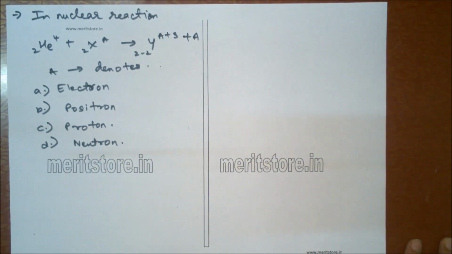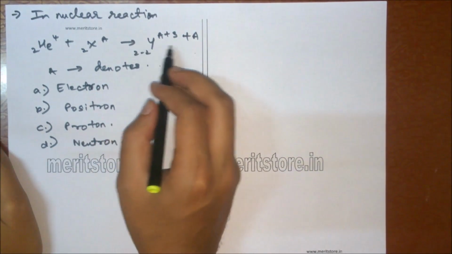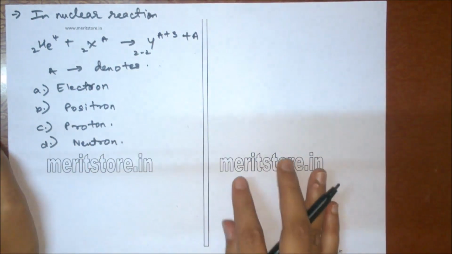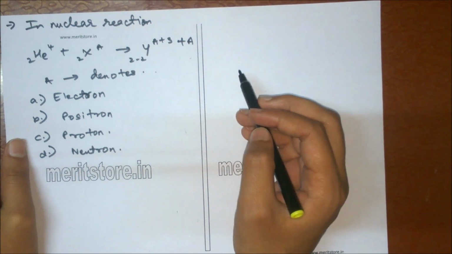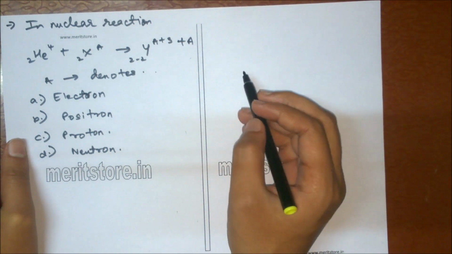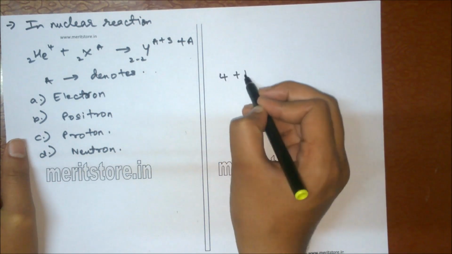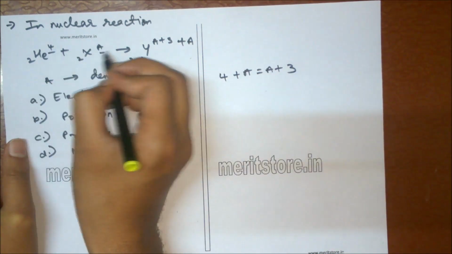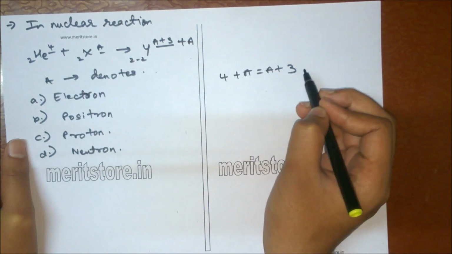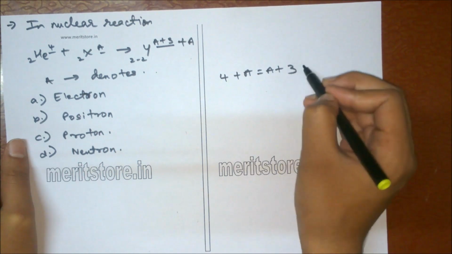Nuclear reaction, helium plus an element X will give Y plus A, where A denotes. So the given equation is this. Applying charge and mass conservation, we get 4 plus A is equal to A plus 3 plus x.